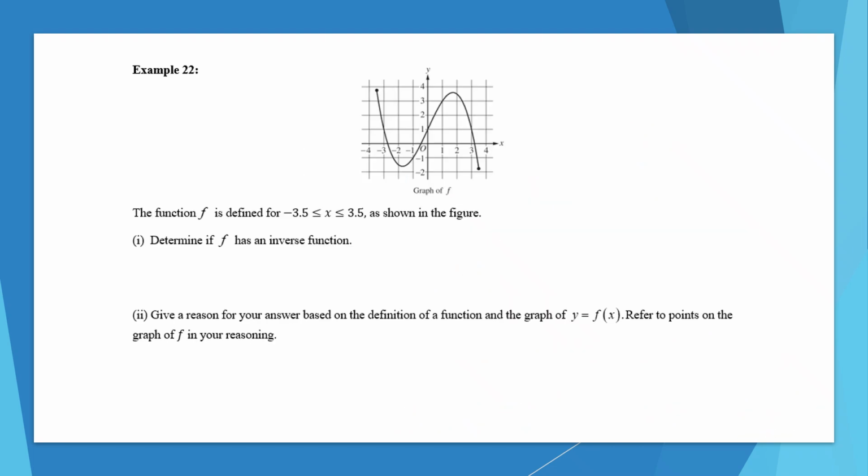Let's move on to 22. This was actually a question from the 2024 AP exam. So determine if f has an inverse function. Here, I would say definitely doesn't pass the horizontal line test, so I would say no. And then I would say it is not 1 to 1.